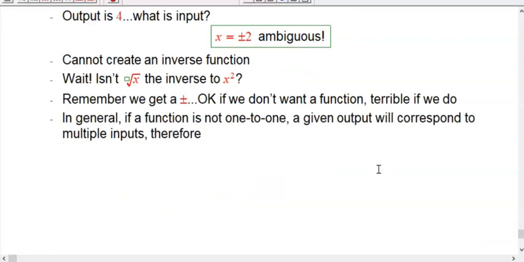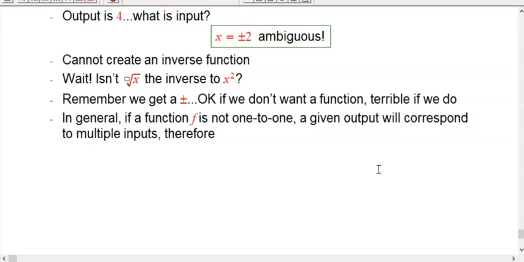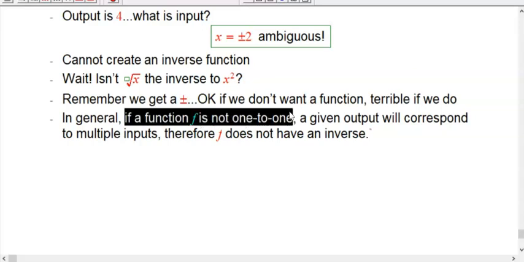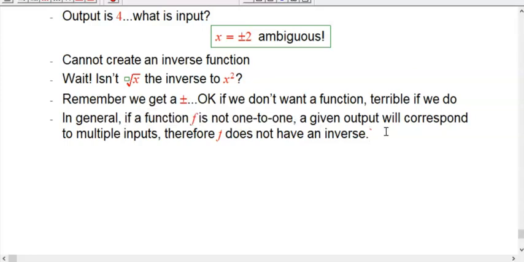And therefore, let's say f, therefore f does not have an inverse. We're going to try to sort of skirt around this a bit, and we're going to chop up functions and have amputated kind of partial versions of functions in order to try to recover something here. But if you're asked whether a whole function that's not one-to-one, that whole thing without any modification, has an inverse, the answer is simply no.